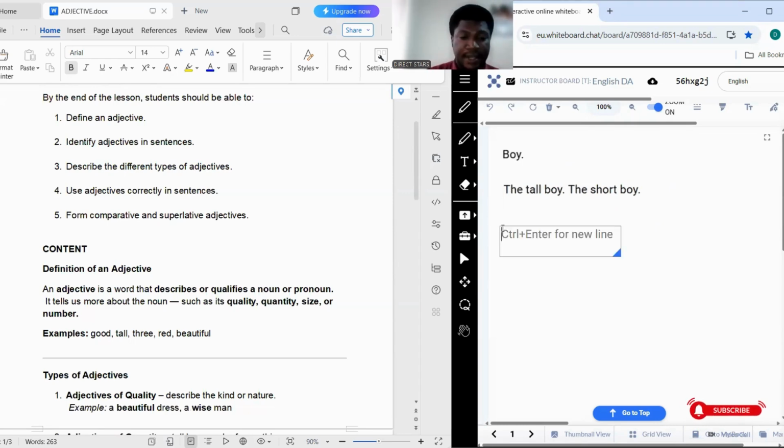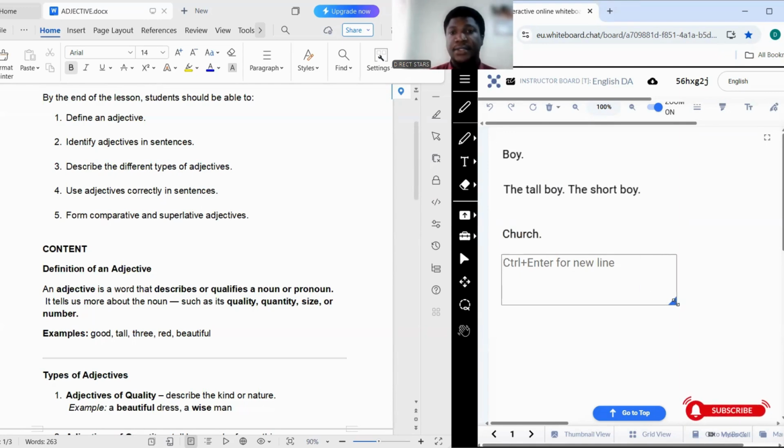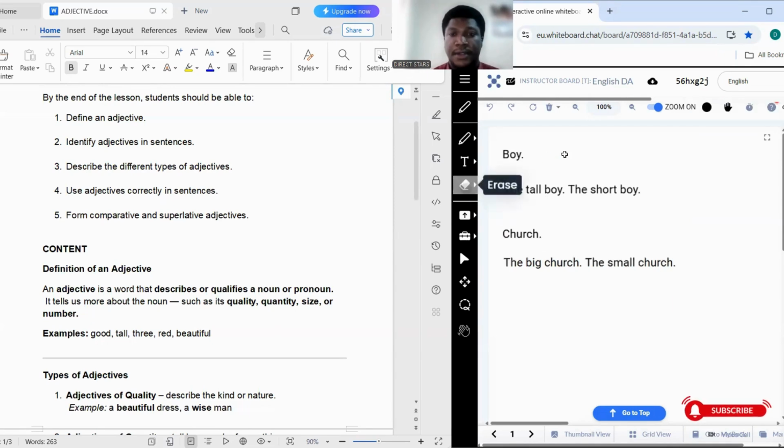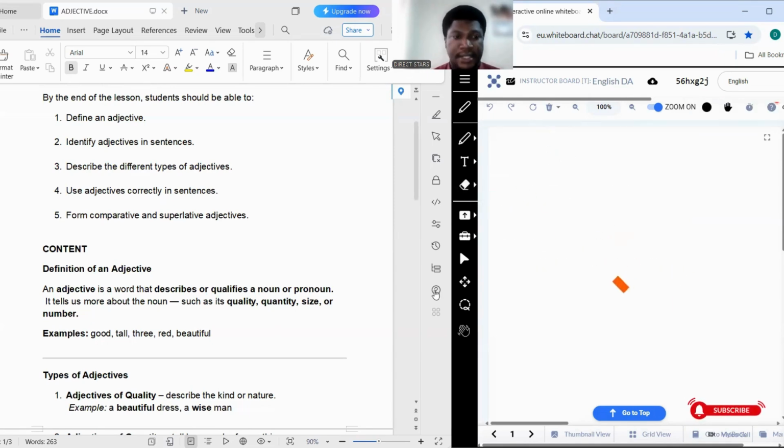Let's say a church. We can use an adjective to describe the church even more. We can say the big church, the small church. You are describing the noun in that sentence, which is church. So that is essentially how adjectives work.